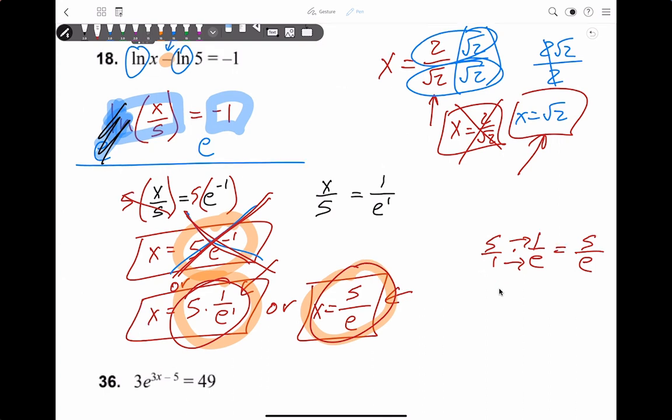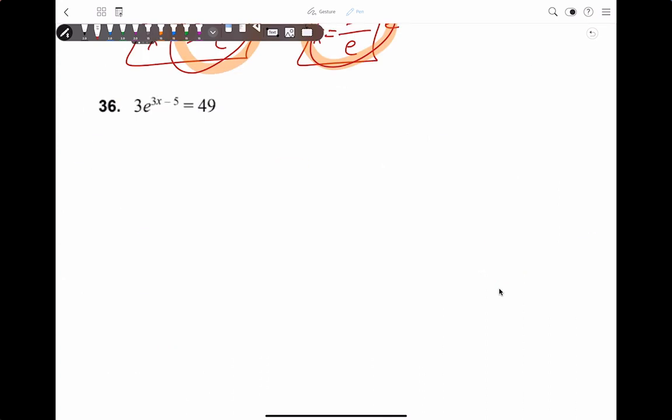Our last example, here we go. Solve for x. So without a calculator, reading this, it's 3 times e to that power is equal to 49. Okay. My goal is to isolate logarithms or isolate exponentials. So I'm trying to isolate log base something of something is equal to a number or an expression, or I try to have a base raised to a power is equal to an expression.